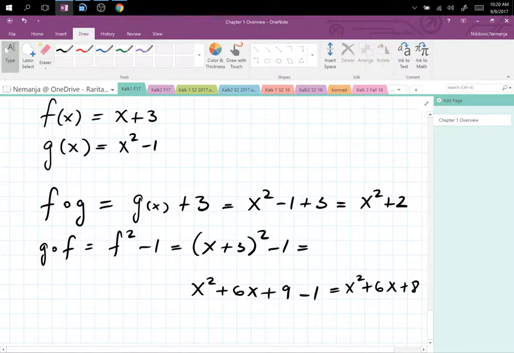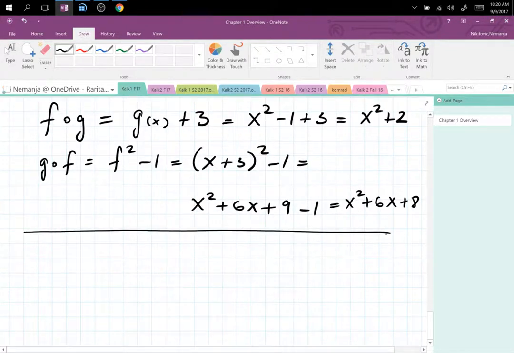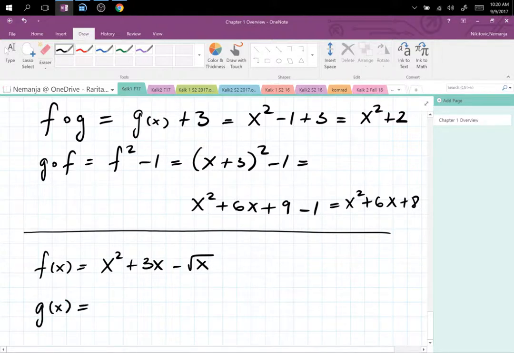So I will have 2 exercises for you to try. First one is f of x equals x squared plus 3x minus square root of x, and g of x is equal to x squared. It's fine. Maybe I can... Yeah, let's make it spicier.